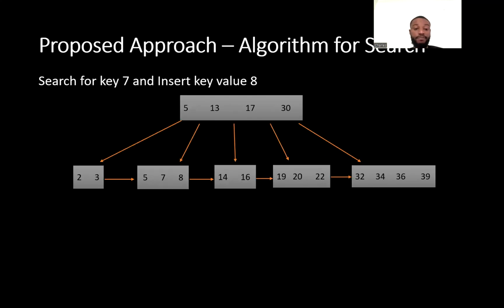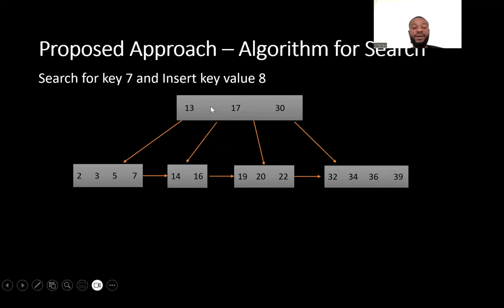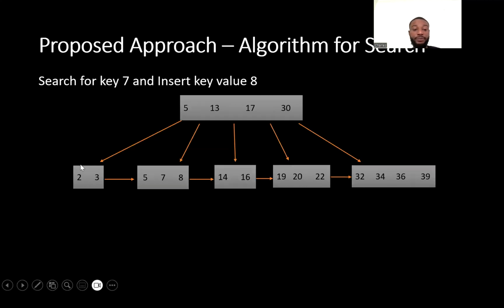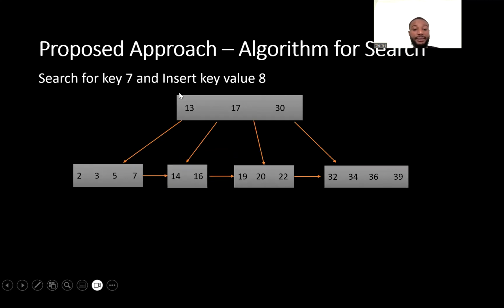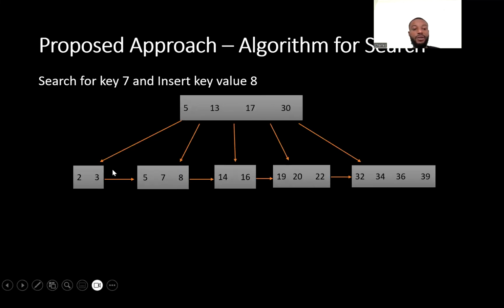So when we insert 8, this is what will happen. Now, if the processes are running concurrently, the search will also be at this point of the tree, and it's not going to find the value 7.